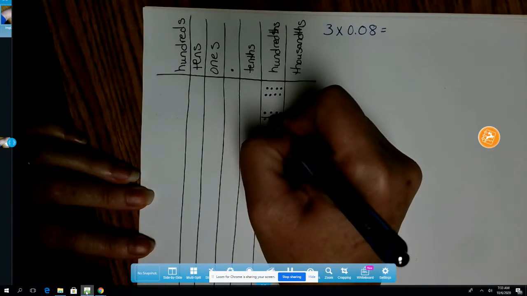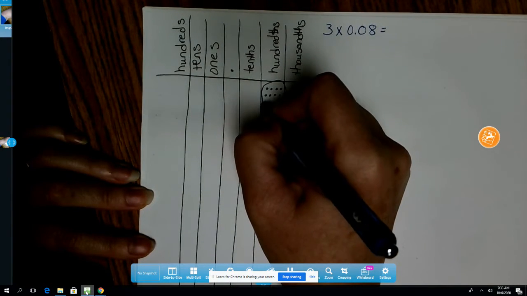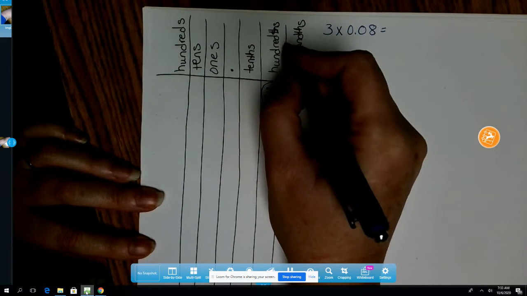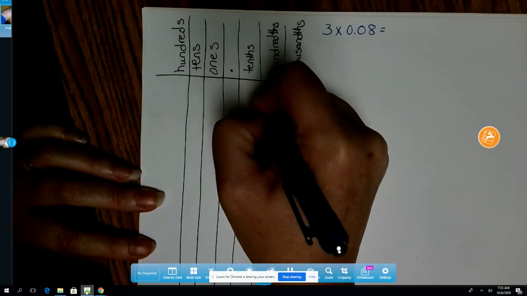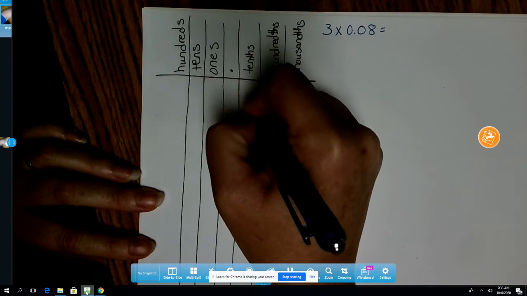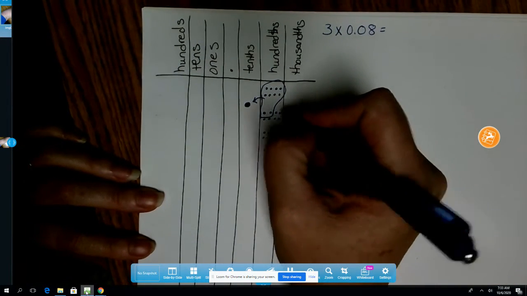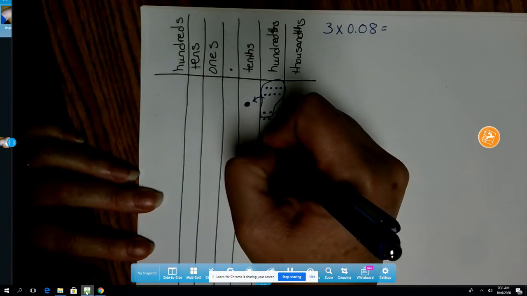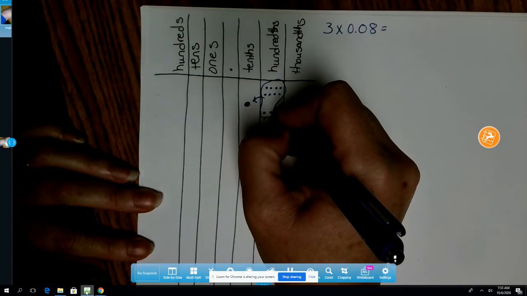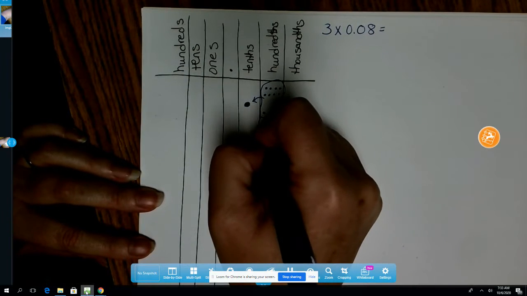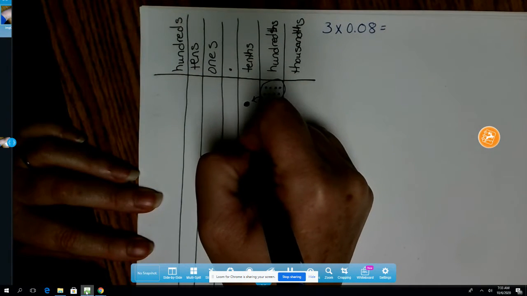So I'm going to take 10 of these and bundle them together, and 10 hundredths makes 1/10. And I'm going to do that again. Here's another group of 10, which makes another 1/10.